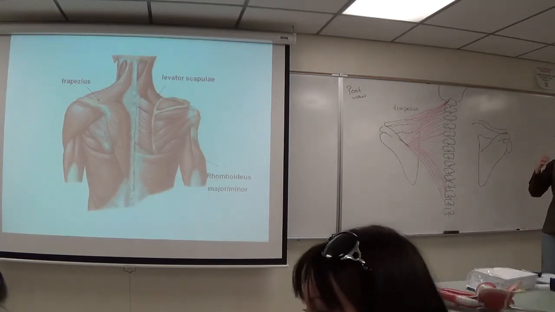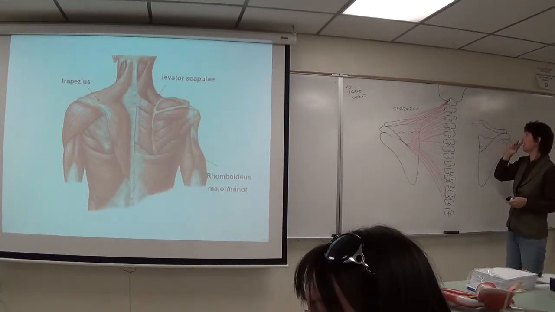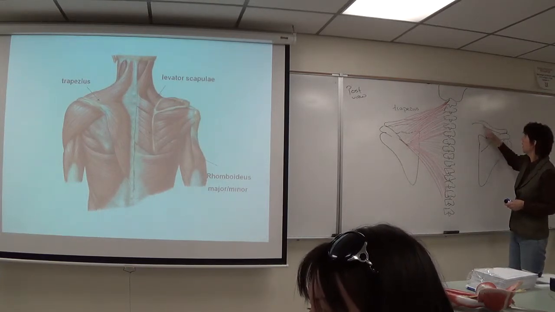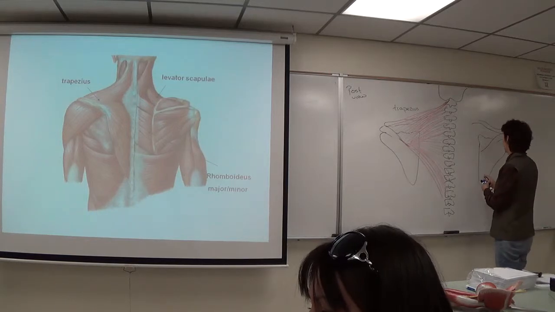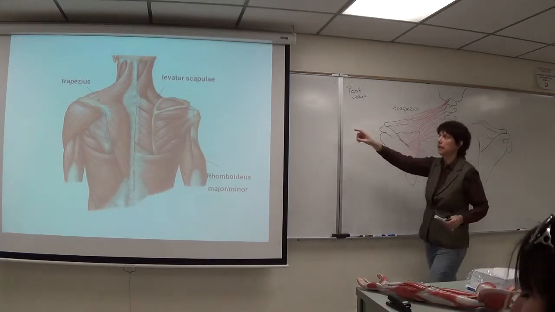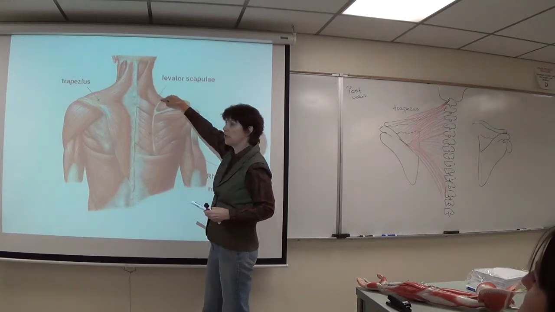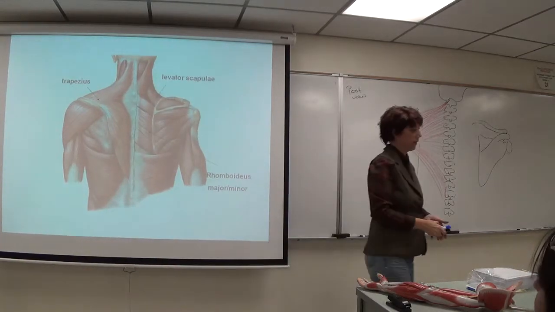Then also coming from the vertebra, this time more from the transverse processes, and going just to the superior angle of the scapula, we have the levator scapulae, and that's this muscle right here. Okay, so it comes down this fashion and attaches just to the corner.